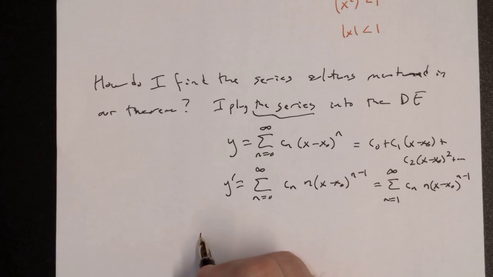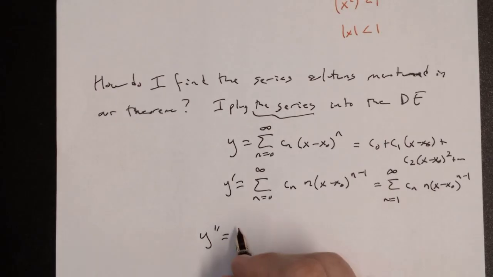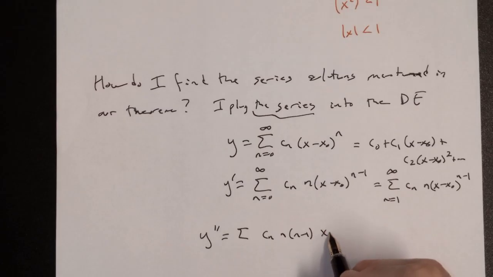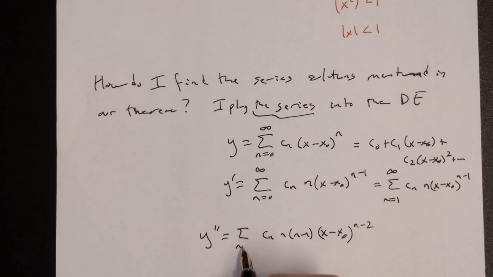What happens when I take the next derivative? And now, if I put in 0, I get 0.